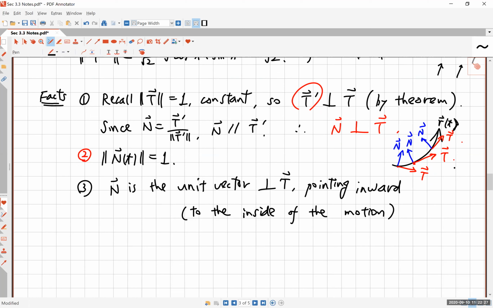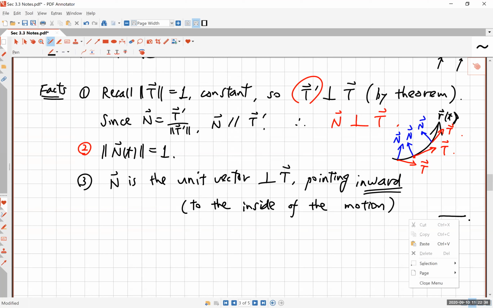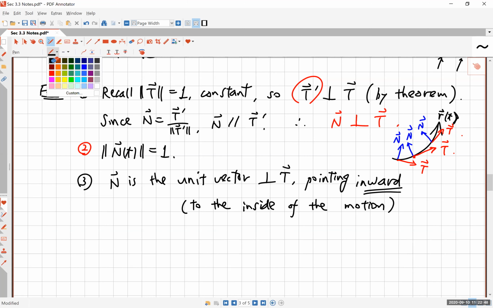N is perpendicular to T, and it's showing you which is inside. That's why we call this the principal: if you have T like this, there are two perpendicular directions, this way and this way, and N is always showing you which is inside. That's why it is called the principal unit normal vector.